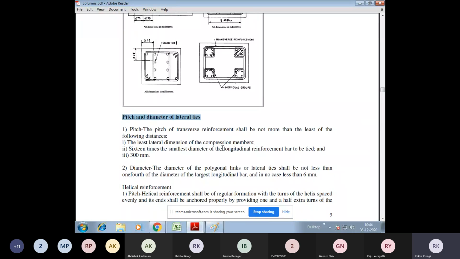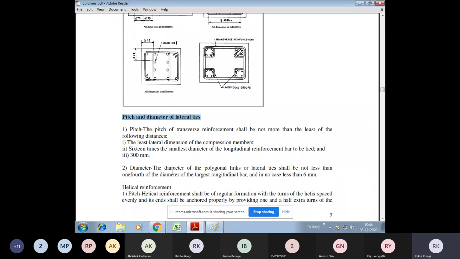So the least lateral dimension, whether in x direction or y direction, and 16 times the smallest diameter of the longitudinal reinforcement. If we are using 12 mm and 20 mm bars, the smallest diameter is 12 mm. So 16 times 12 mm we need to consider, and 300 mm. Out of these, whichever is least, that distance we can consider.